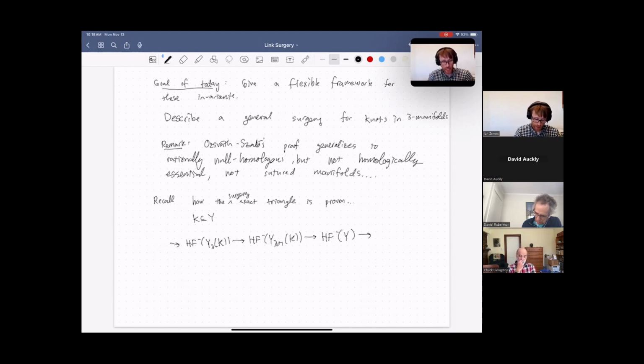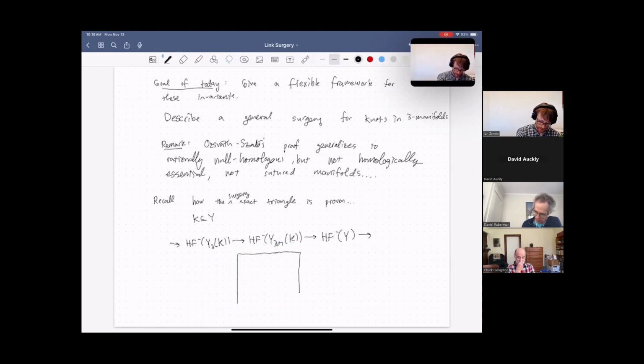And so you can actually reduce this surgery exact triangle to just a statement about 3 Lagrangians in the torus. I'll write it this way.